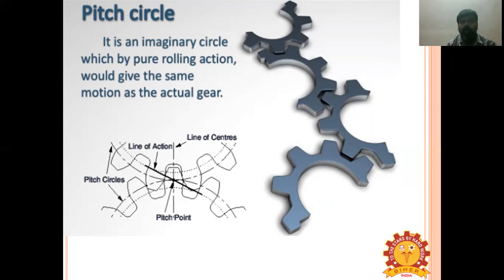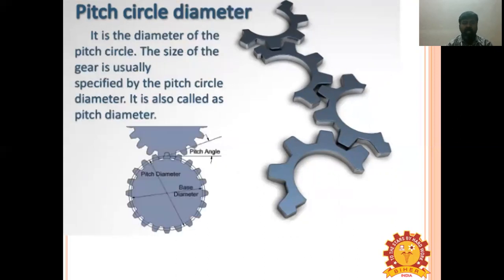And what is the pitch circle? The pitch circle is the imaginary circle which by pure rolling action would have the same motion as the actual gear. What is the pitch circle diameter? It is the diameter of the pitch circle.